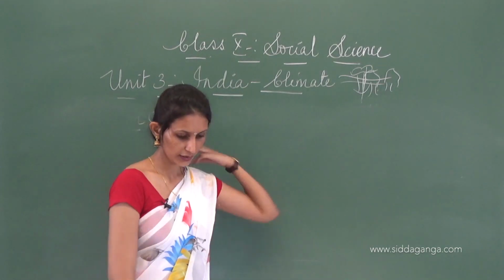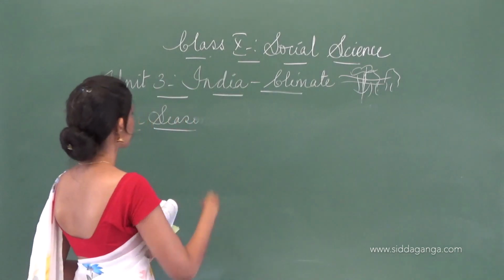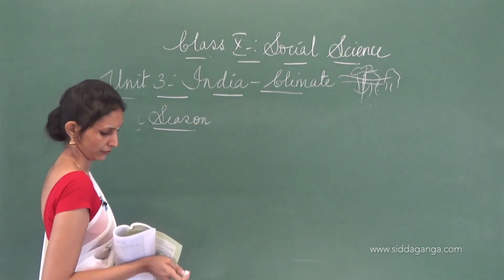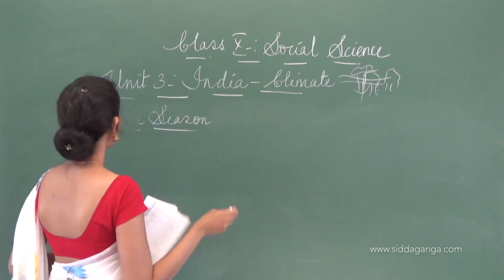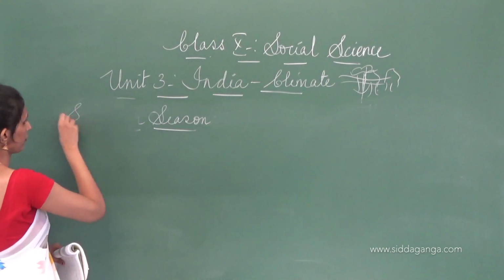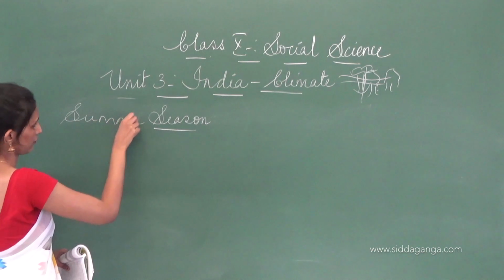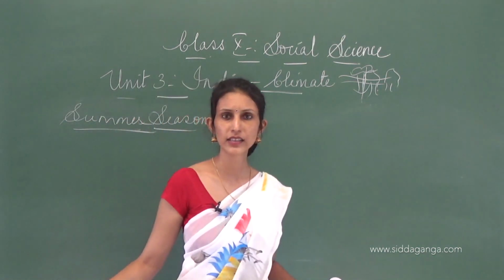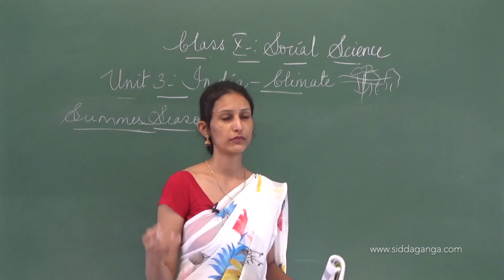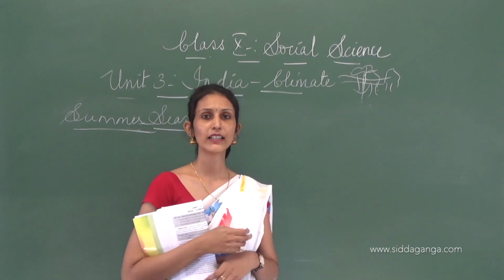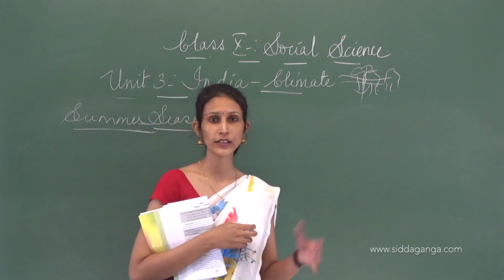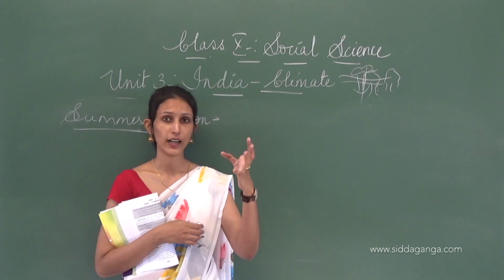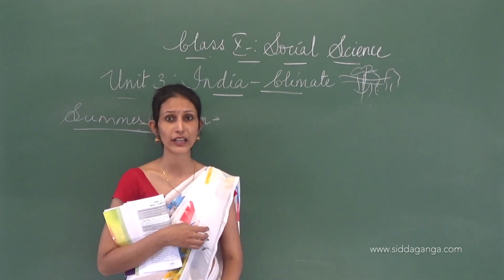Okay, the summer season. Now this we have in abundance, isn't it? Even when we feel it's the rainy season, it's still hot, too hot, and you are not able to go out, you cannot open your eyes because of the heat that is being generated.